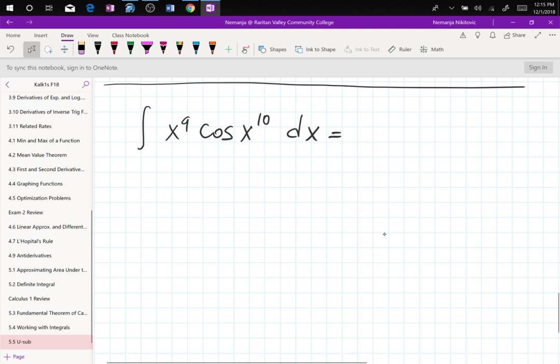So what is our u? Is there a sine to be its pair? Well, back to no. x to the 10. u equals x to the 10. Okay, so start there.